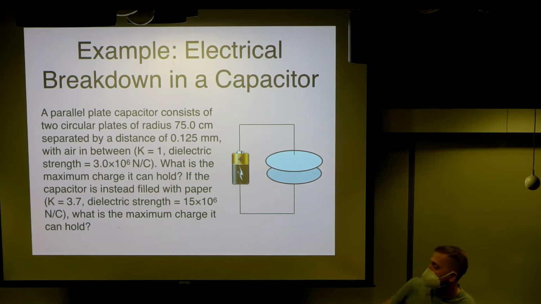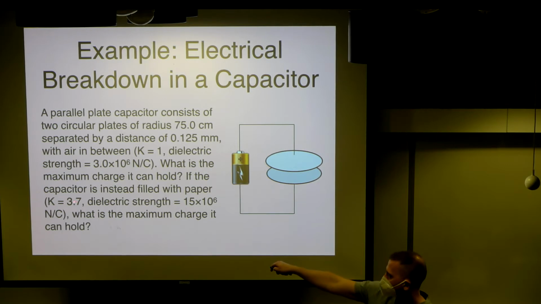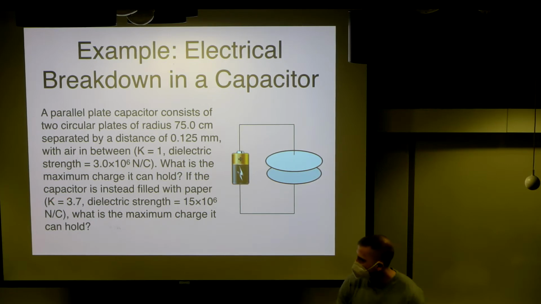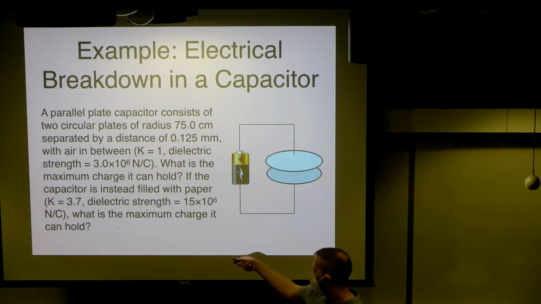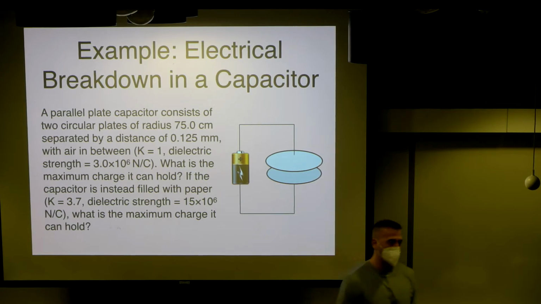Paper has a dielectric strength of 15 times 10 to the 6 newtons per coulomb, and it has a dielectric constant K of 3.7. In that case, what's the maximum charge it can hold? What we're going to find out is with this dielectric material in between the plates, you can hold a lot more charge. That's the point. We'll see exactly how much more.